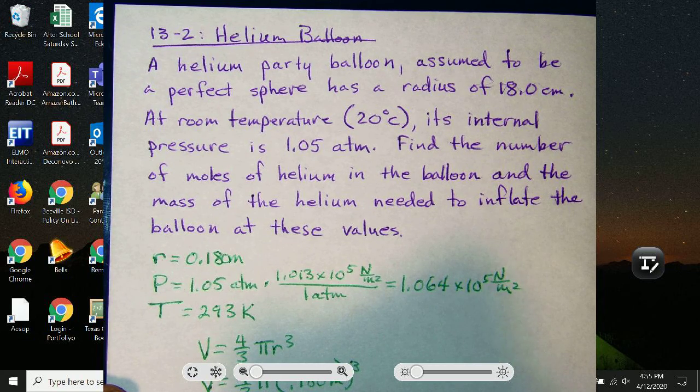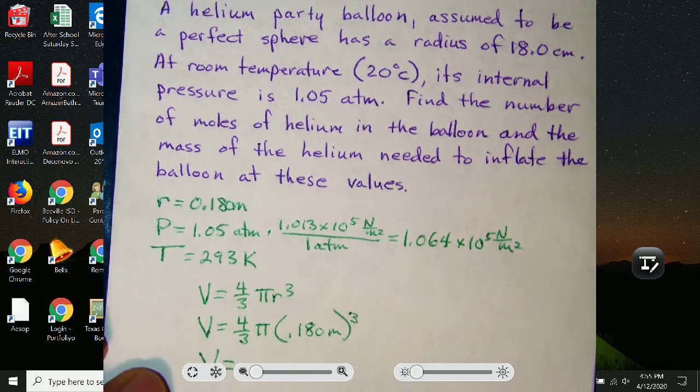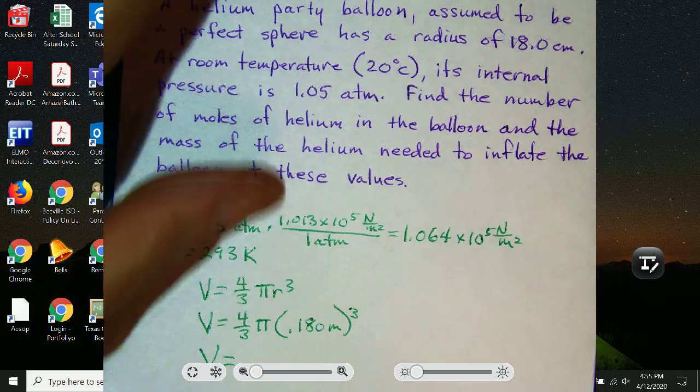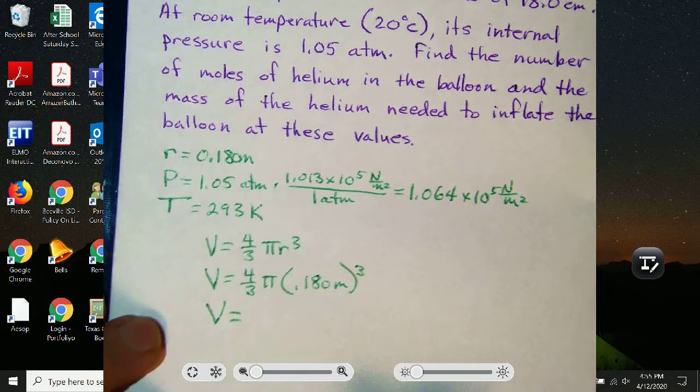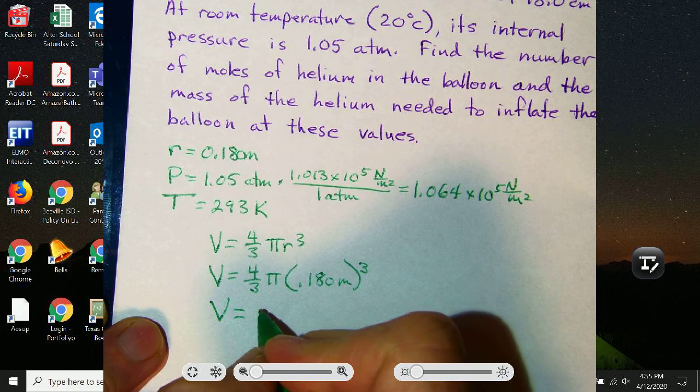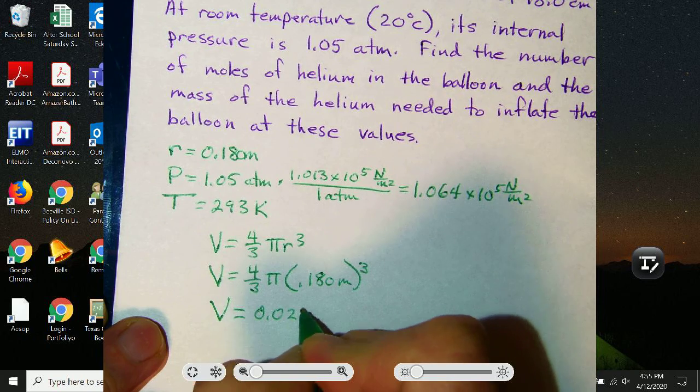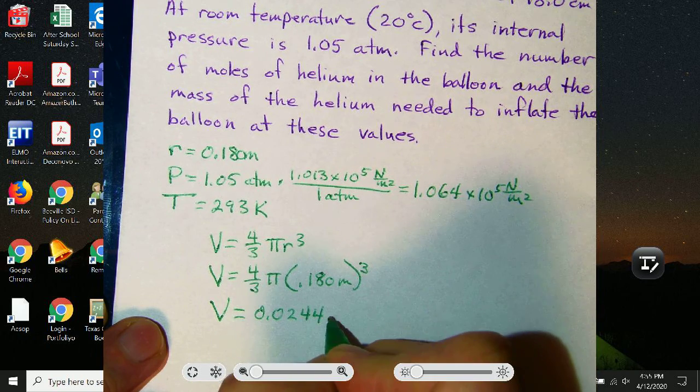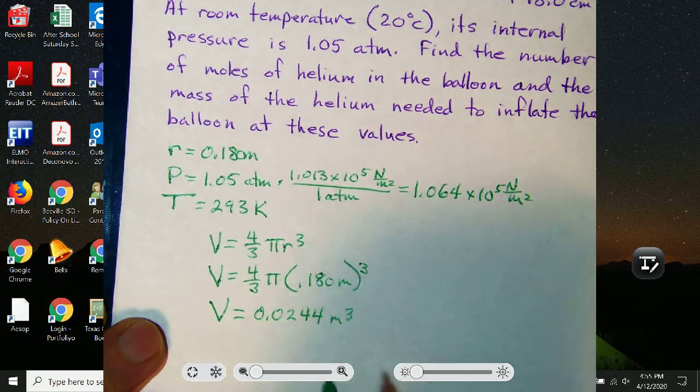So when we put that into the calculator, what we're going to get is 0.0244 meters cubed.